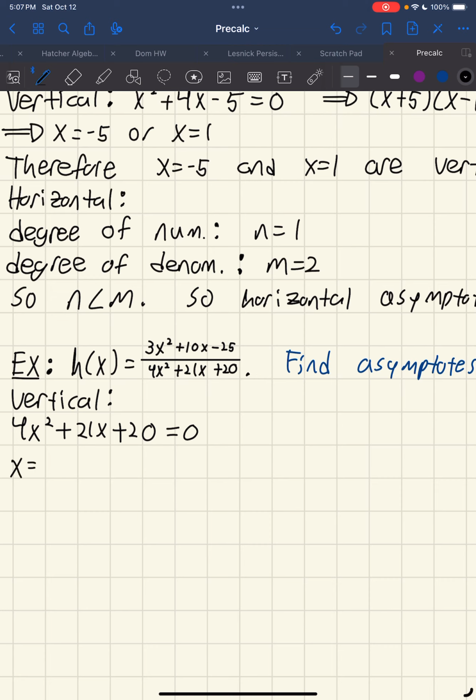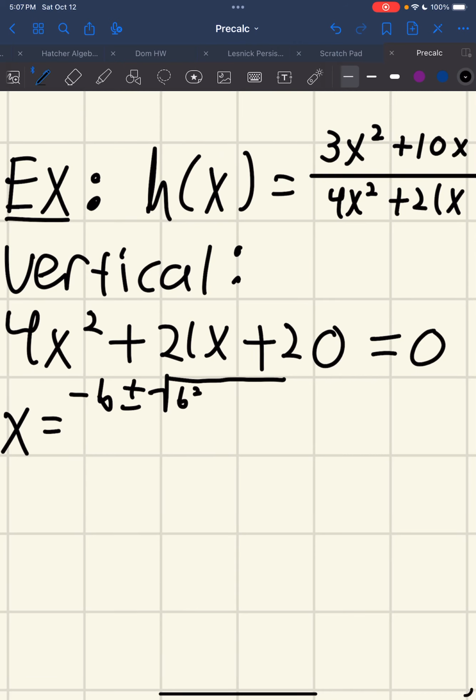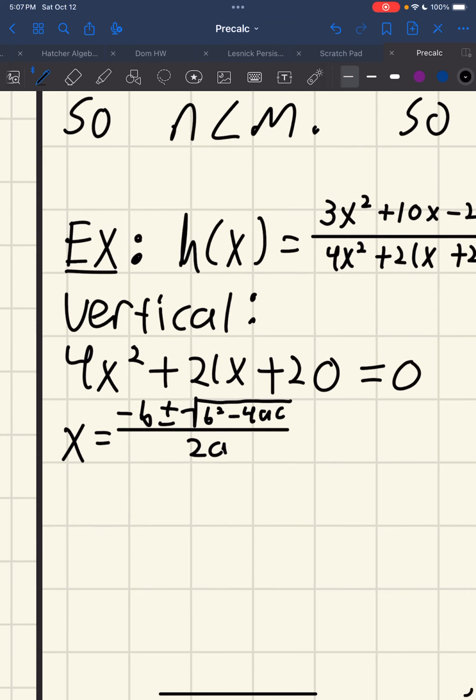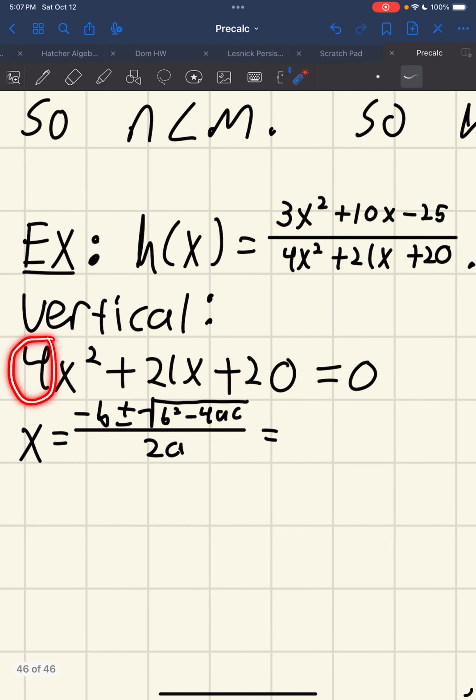So we'll get, what is the quadratic formula? Hopefully we all know it. It'll be minus b plus minus square root of b squared minus 4ac, all over 2a. And again, this is our a in the polynomial, this is our b, this is our c.